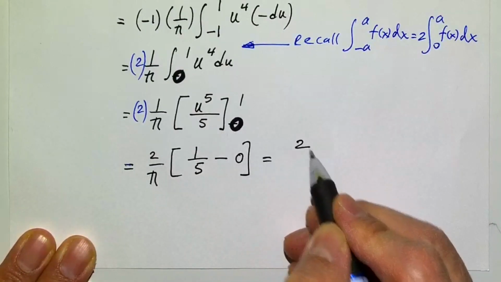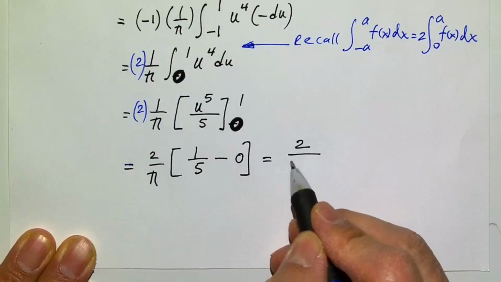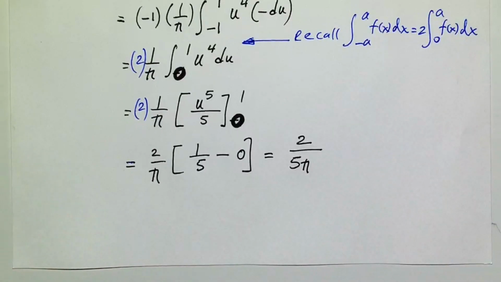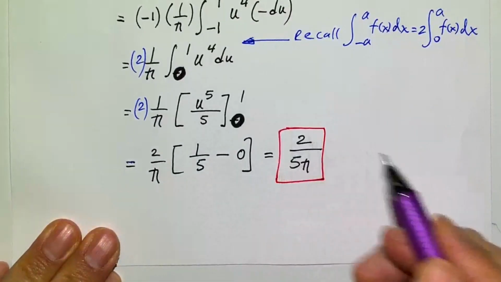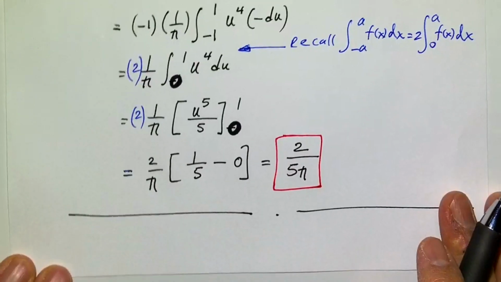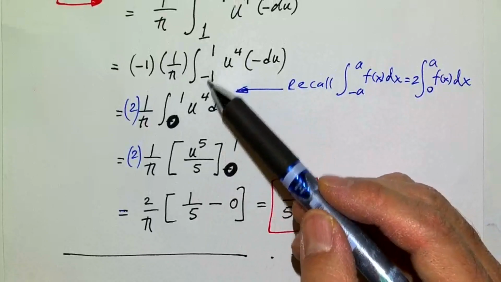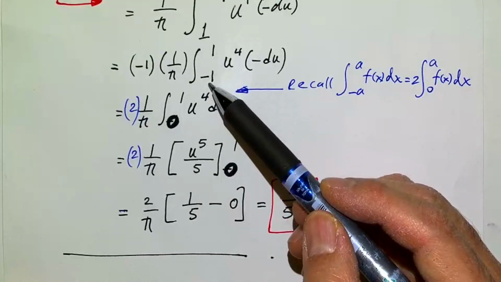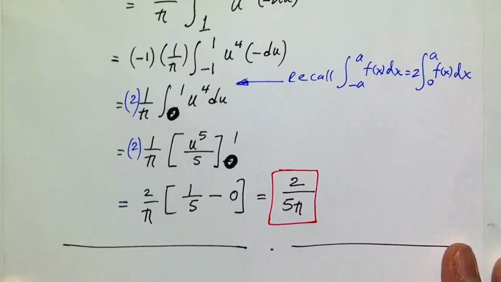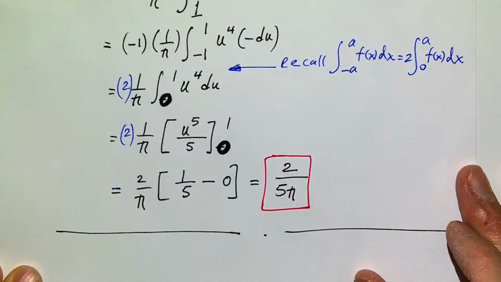So we have positive 2 over 5 pi. That would be the result of that. I could have continued with these limits for u, but I decided to apply that earlier identity.